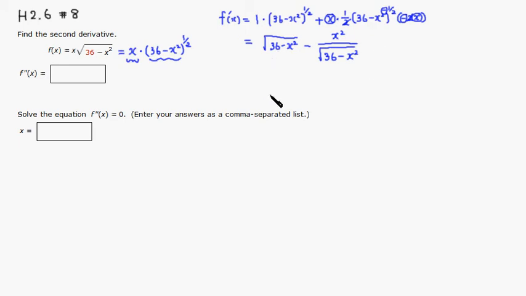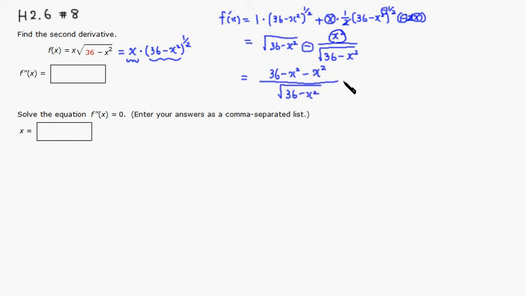Alright, then take the common denominator to combine them. The common denominator is square root of 36 minus x squared, right? Then we have to multiply square root of 36 minus x squared by itself, so we're going to have 36 minus x squared, and there's a negative sign here, so it's going to be minus x squared, right?